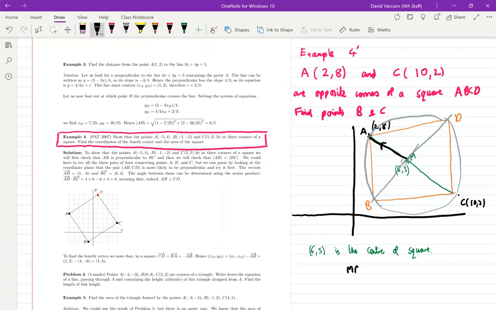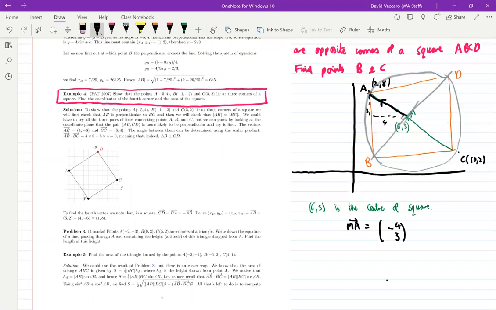So the vector MA is -4, 3, because we've gone 4 units to the left and 3 units up. So we've got this vector, -4, 3.